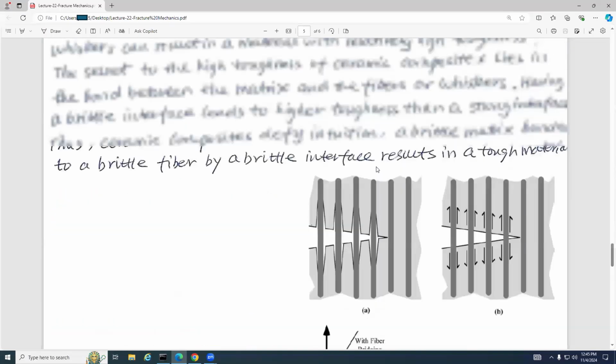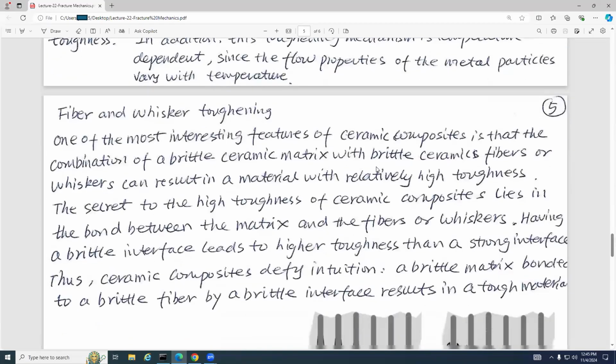So you can see, this is what I just told you guys. One of the most interesting features of this composite is the combination of a brittle ceramic matrix and brittle ceramic fibers or whiskers, resulting in a material with relatively high toughness. The secret to this high toughness lies in the bond between the matrix and the fiber or whiskers.